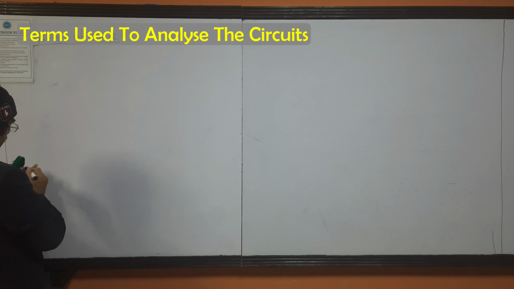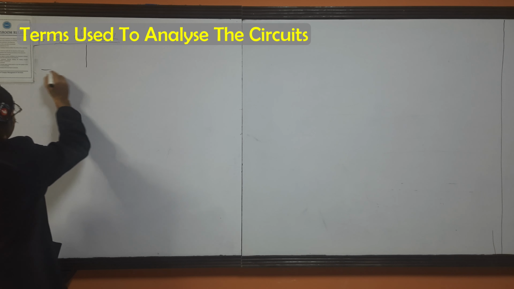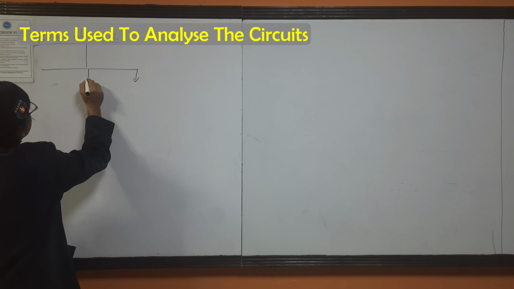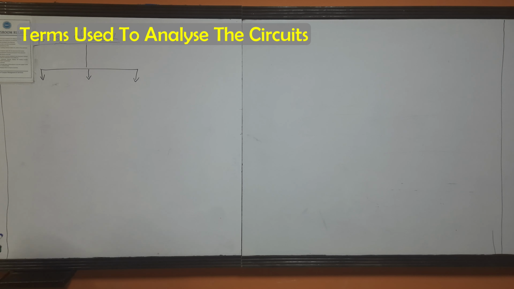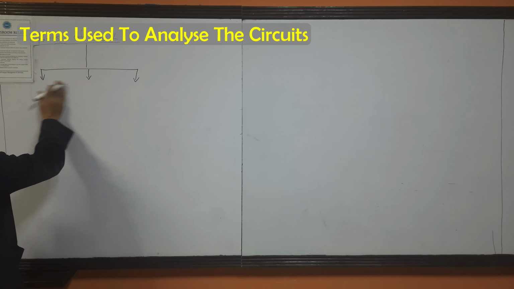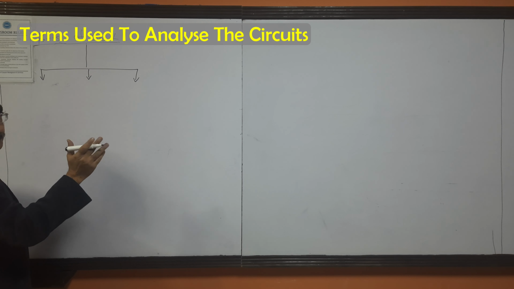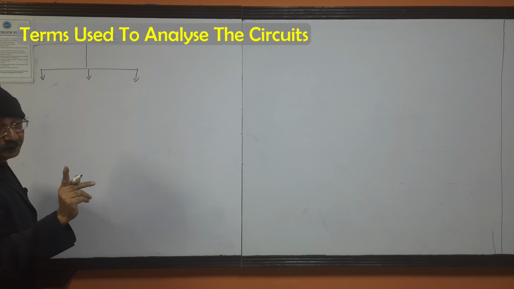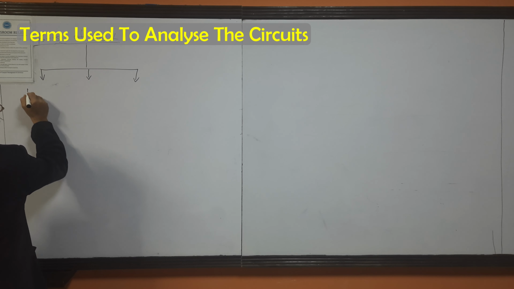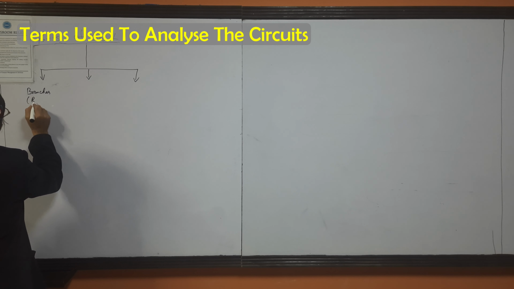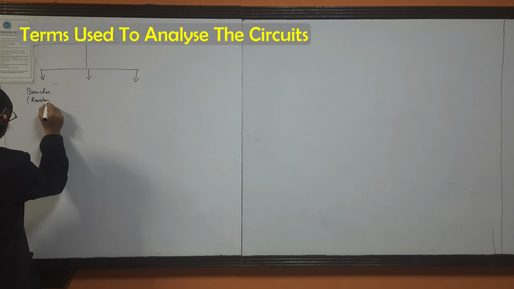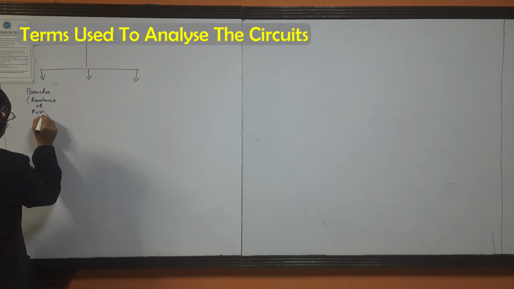Parts of a circuit may be divided into three parts. One is defined as branches, that are also defined as resistance or resistors.